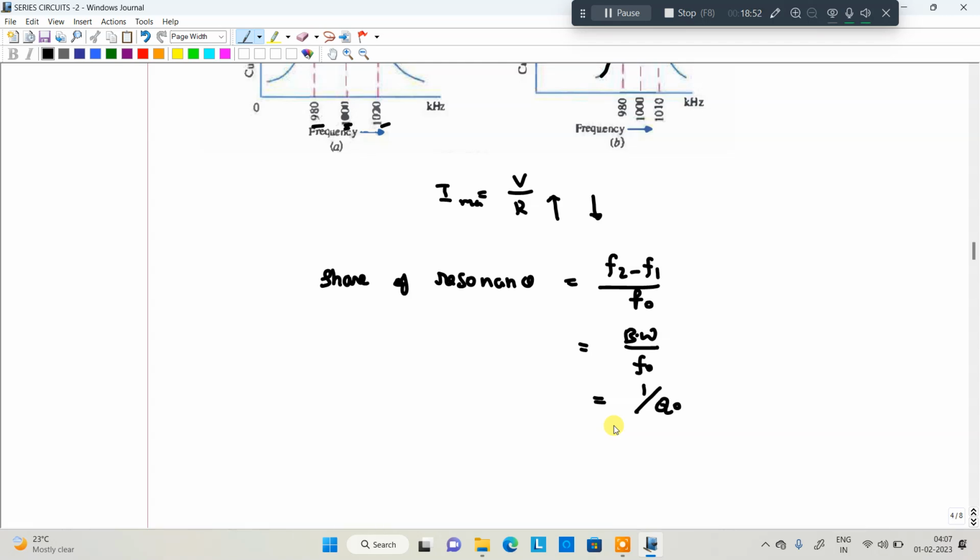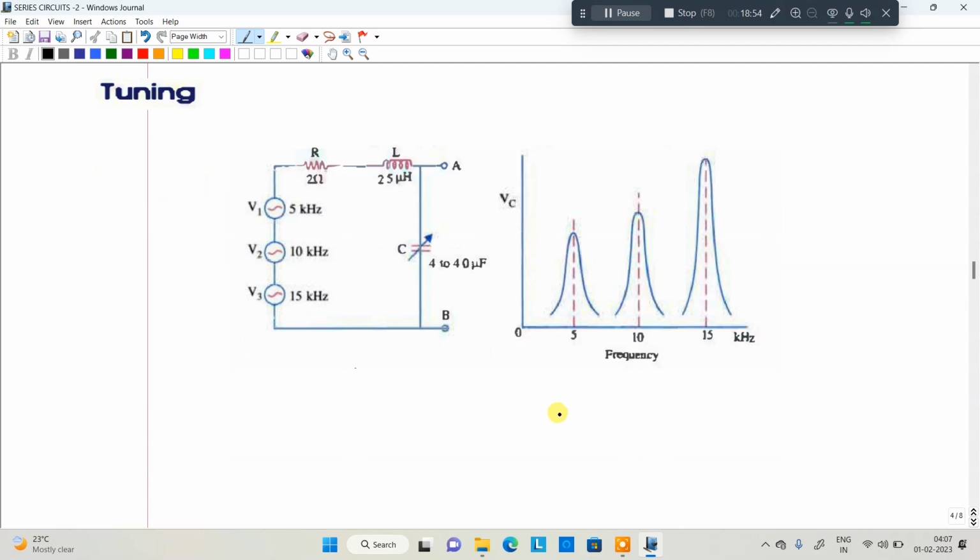Then we are moving to tuning. Tuning is, in the olden days of radios and televisions, a variable tuner was used to tune to a particular frequency. Here also it is the same thing. For example, I can connect it to a frequency of V1, 5 kilohertz.